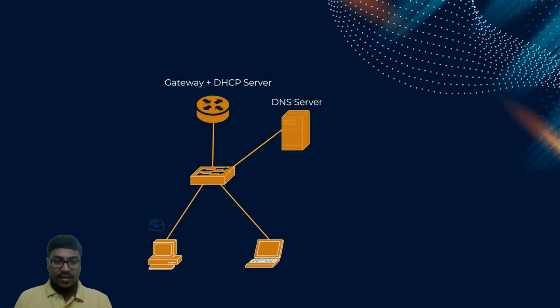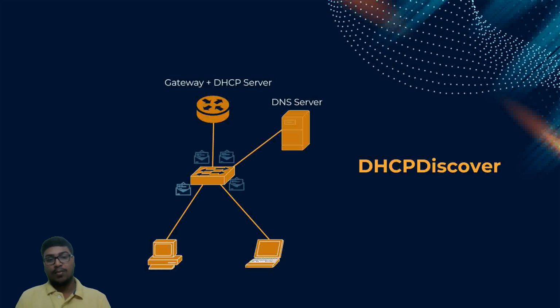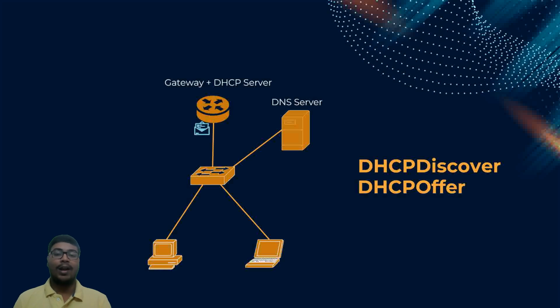So the client generates a broadcast packet called DHCP discover, which is sent throughout the network, and when this packet is relayed throughout the network, it is essentially looking for the DHCP server. To this discover packet, the server responds with a packet called DHCP offer, which is sent back to the client, keeping in mind that only the DHCP server responds to this discover request.